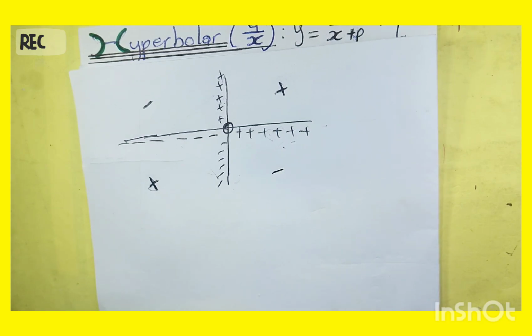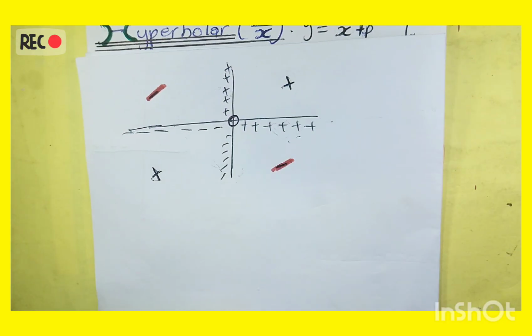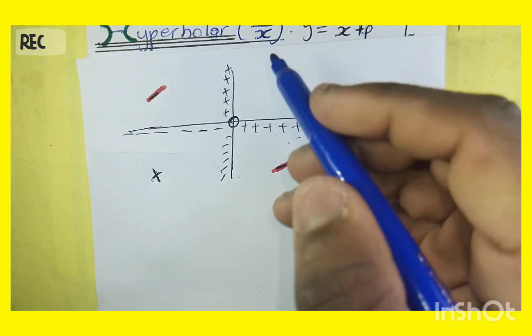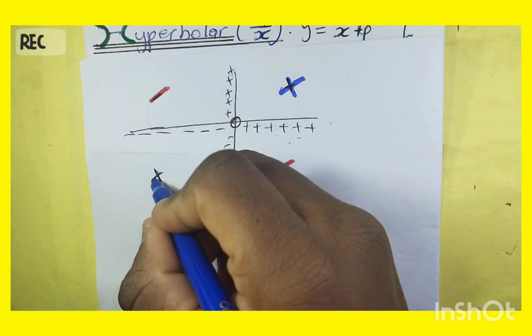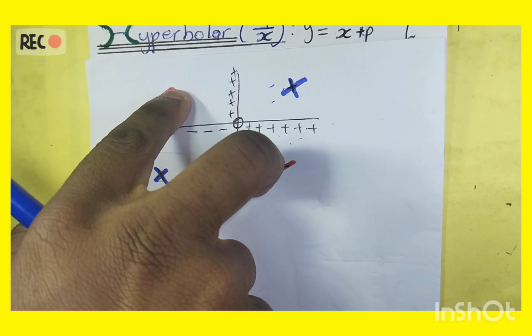What does all this mean to you? It means that here it's a negative region. That one there is a negative region. But coming from this one, it's a positive region, because there we got positive, and this one there is negative.